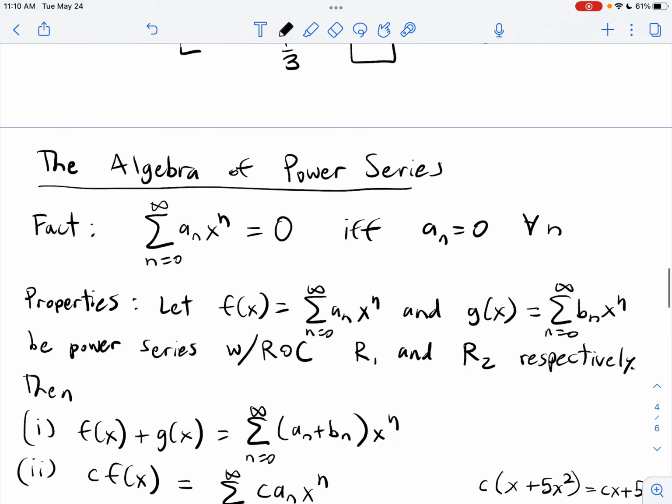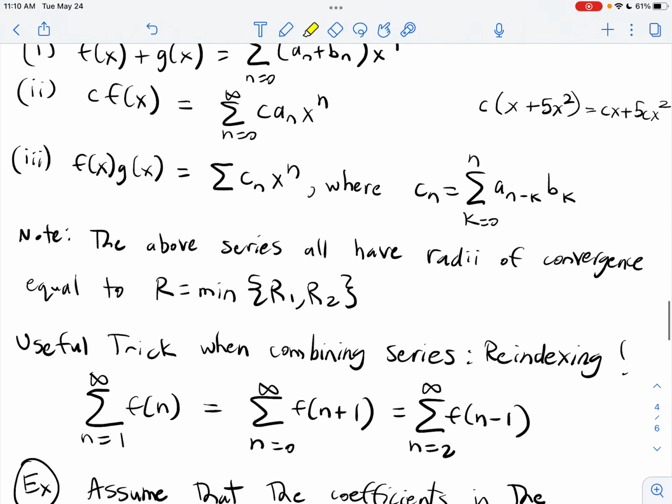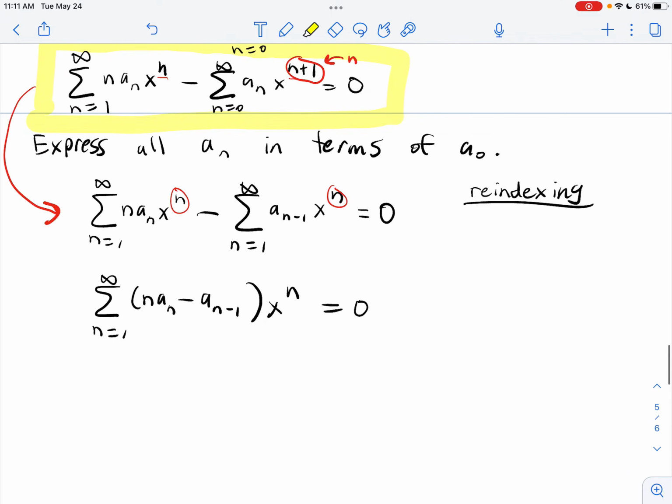Now we're going to use this fact. We know that the only way a power series can equal 0 is if and only if all of the coefficients are 0. So we're going to apply that to this power series now.